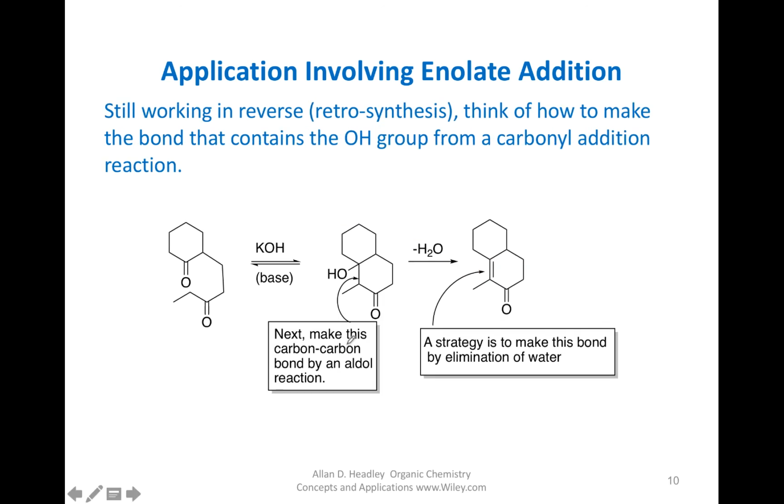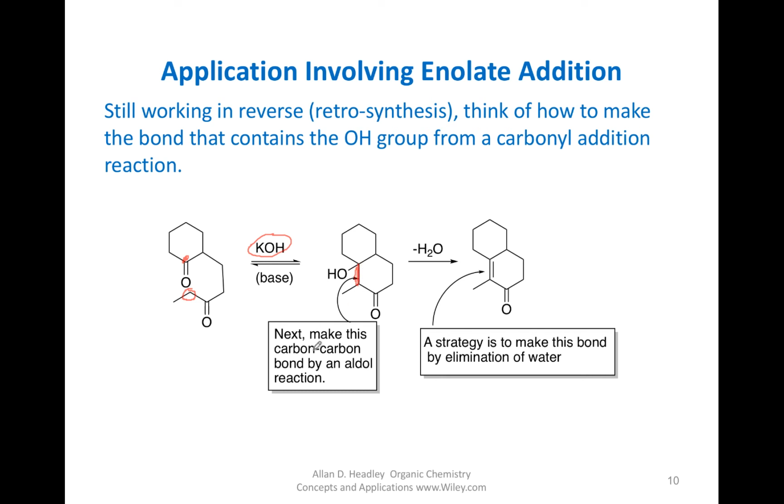So if we had this molecule here, you can see here that if you had this as the alpha carbon, which has alpha hydrogen, in the presence of a base, it can react with this carbonyl to make this bond right here.